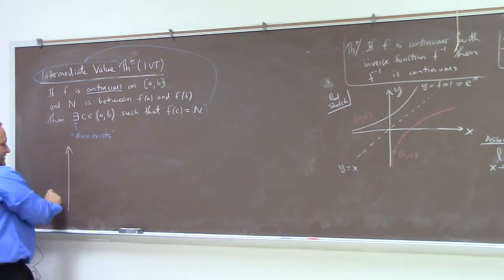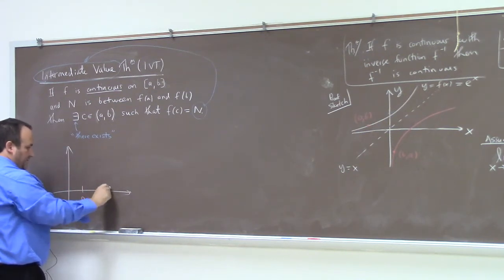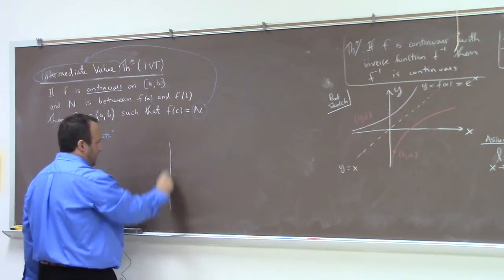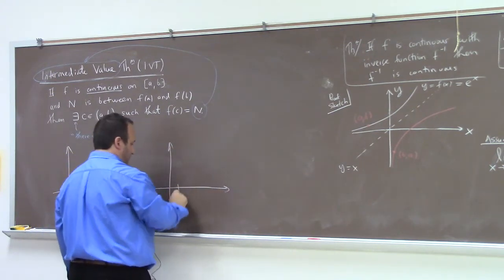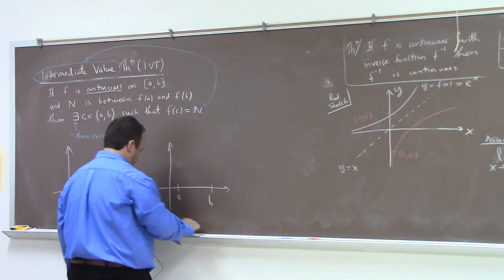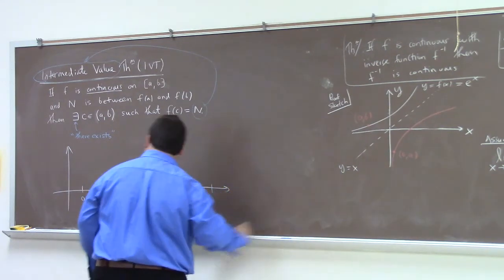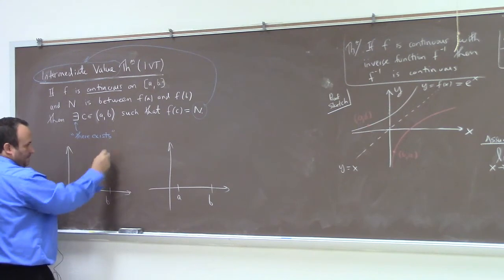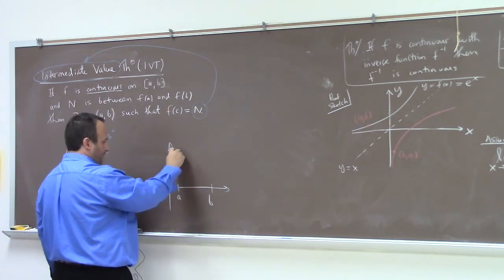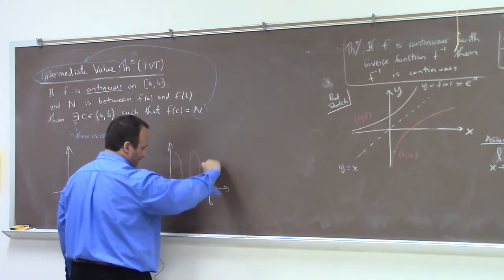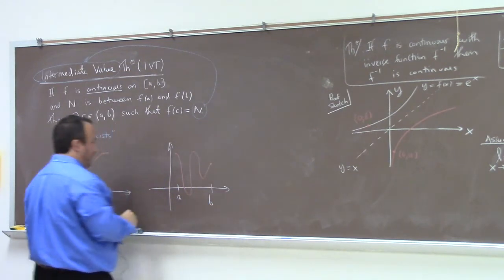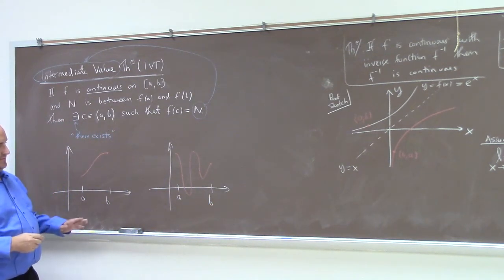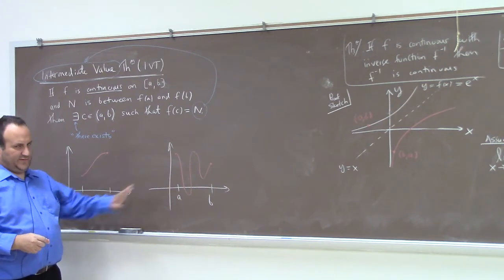Well, there's a lot of things that can happen. Here's two possibilities. It's supposed to pass the vertical line test.